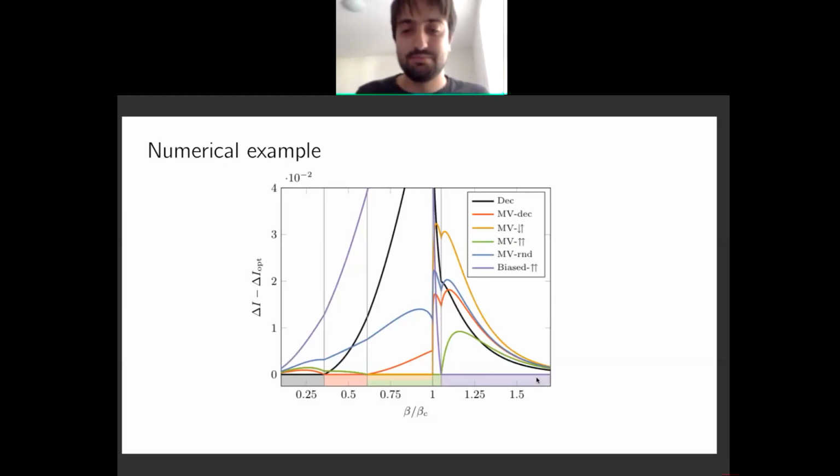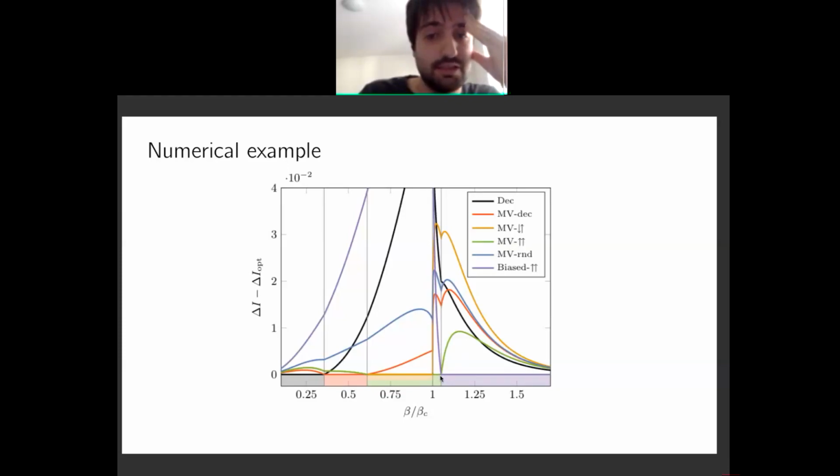And a bit more interesting stuff happens as we go a bit higher in temperature and we approach the critical point, and there is a very sharp transition just a bit above the critical point, curiously enough, where this fixed map becomes really bad, as it should be, and is replaced by one of the two tiebreaker versions of majority vote.